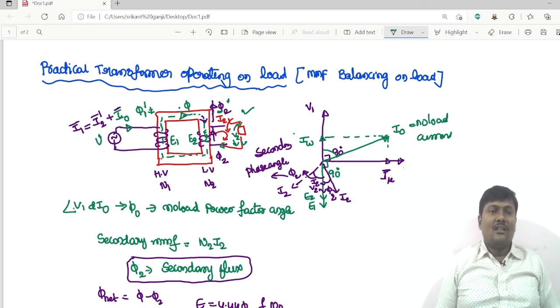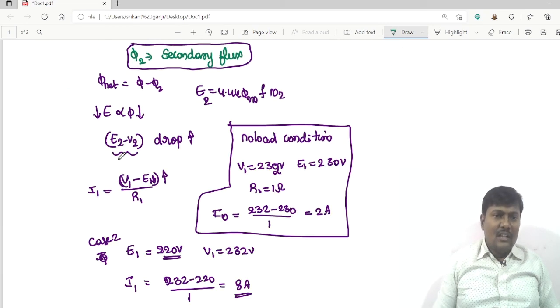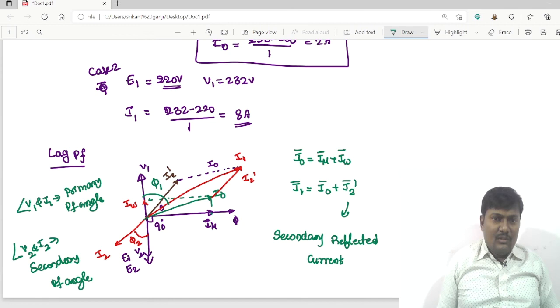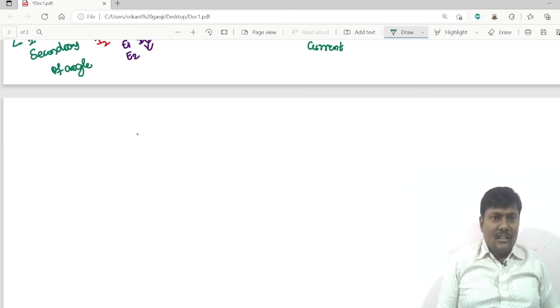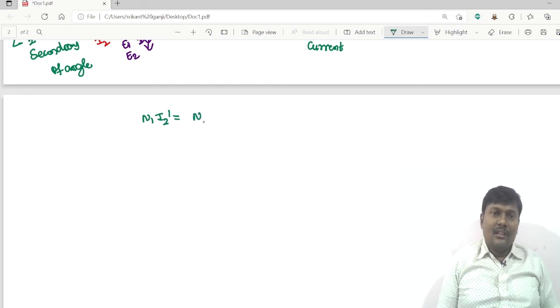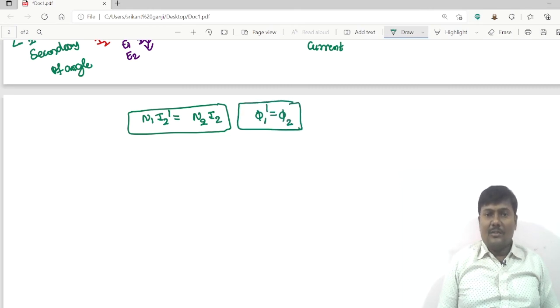Now N1 into I2 dash is equal to N2 into I2. That means phi1 dash is equal to phi2. The flux in the transformer core is always constant. So I2 dash is equal to N2 by N1 into I2.